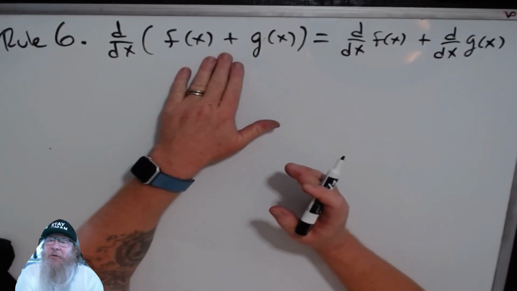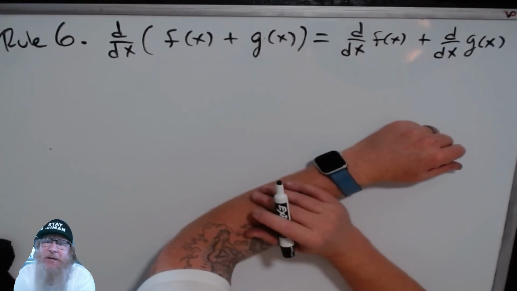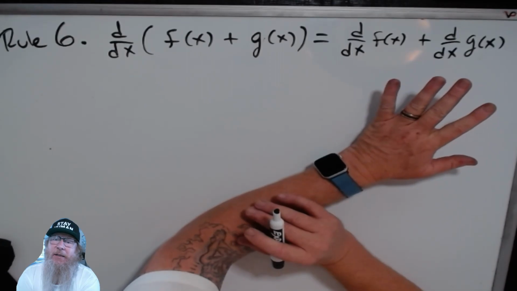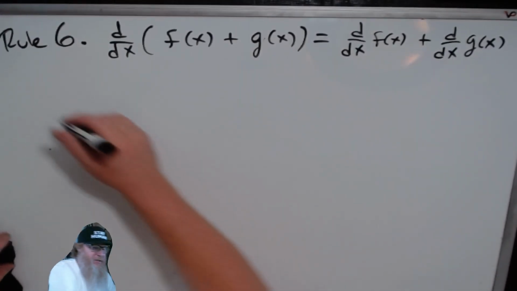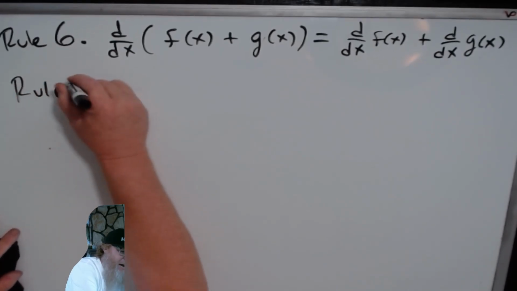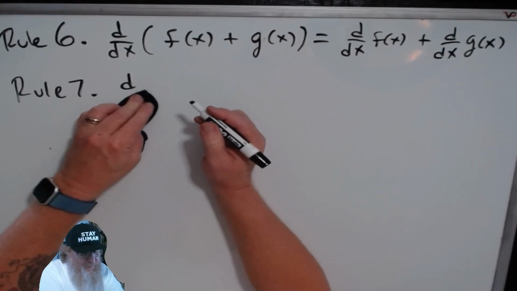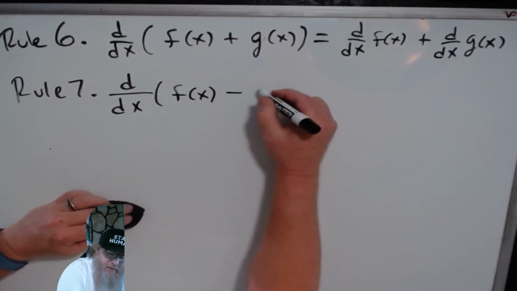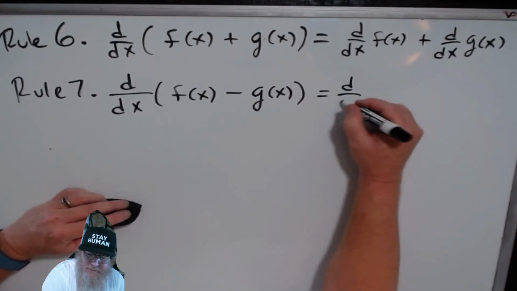So this is the rule for adding. It is obvious, but it still has to be a rule, because there might be other ones that are not obvious. So to make it very clear, we give every single operation its own rule. And finally, rule 7, the rule for subtraction, is the same as addition.